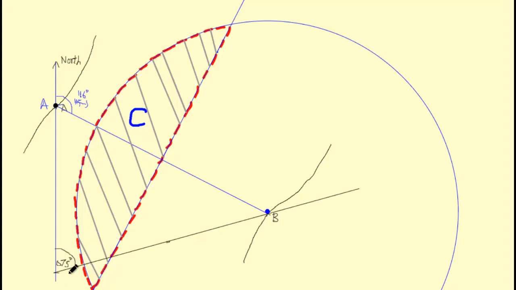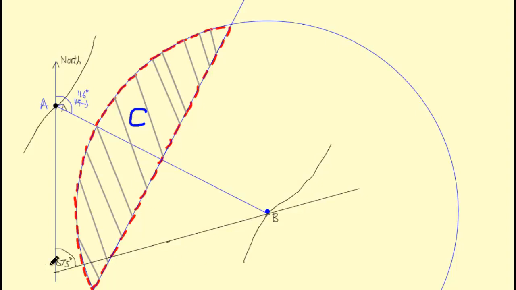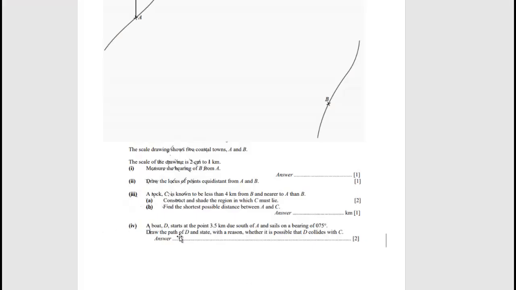Now this black line is the 75 degree bearing. Therefore, if boat D starts at 3.5 kilometers due south of A and sails at a bearing of 75 degrees, the boat will be moving on this black path.